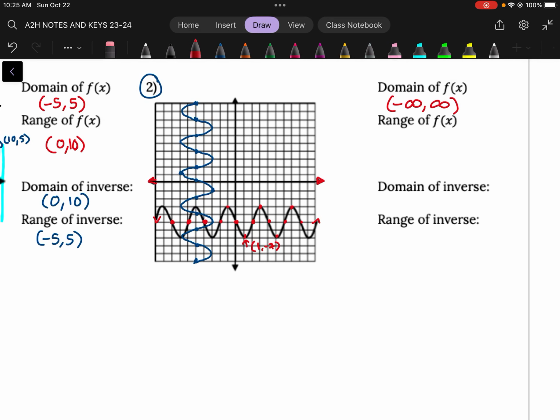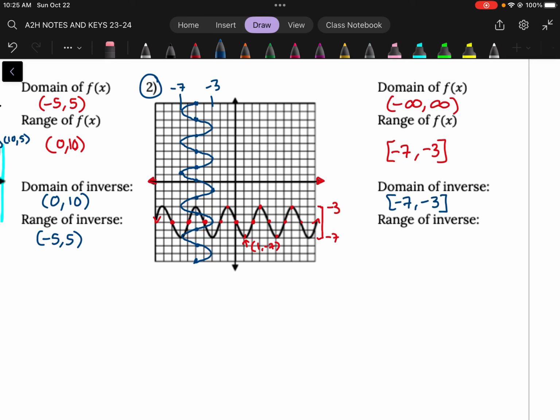To go back to domain and range, the range of f of x stays within negative 7 to negative 3 the whole time. It never leaves that space. And as we've talked about before, negative 7 to negative 3 becomes the domain of the inverse.